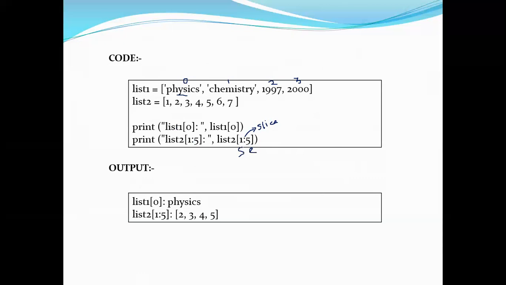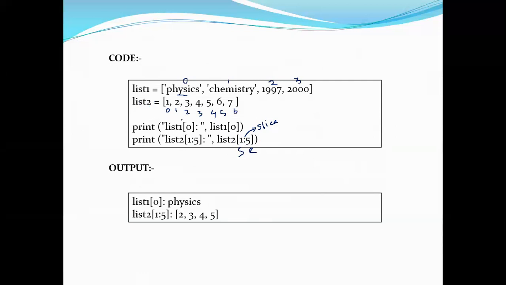So my start index is 1 and end index is 5. I will give an index to it. This is 0th index, first, second, third, fourth, fifth, and sixth. So I have an index for my list 2. My list name is list 2. And it is saying that I need to take a slice between the range 1 and 5.